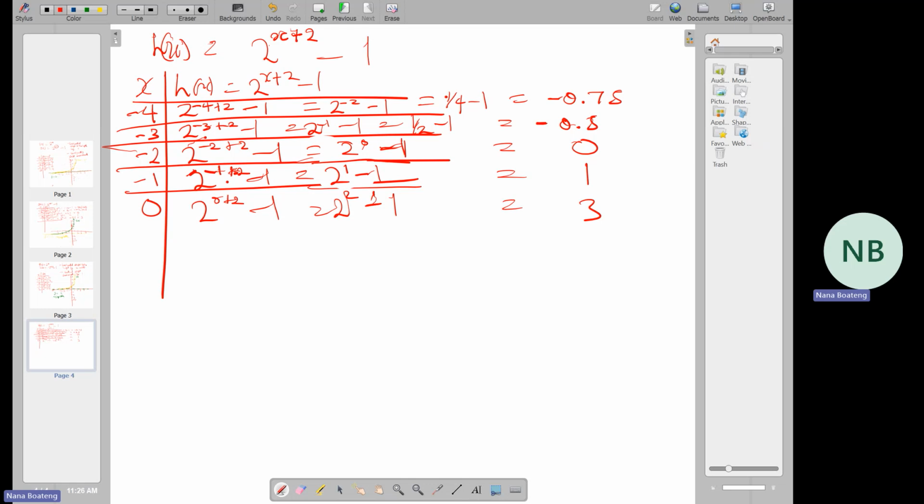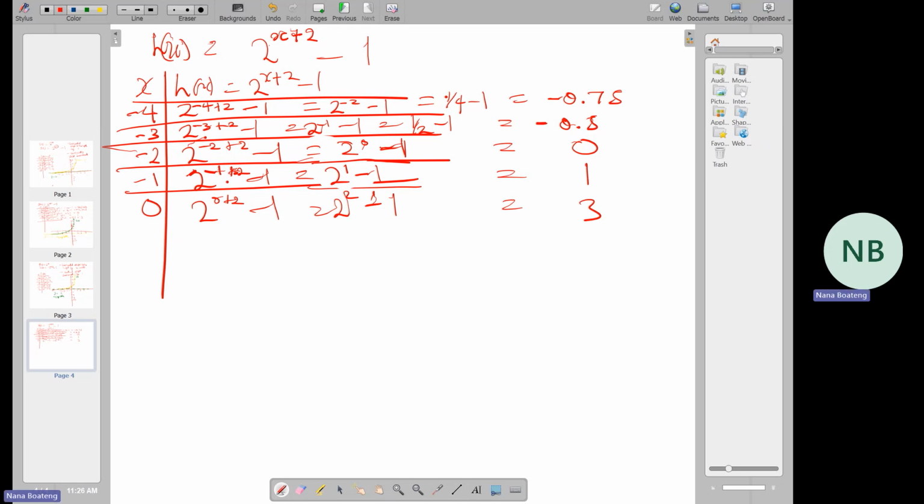All right, so the first pair of points is -4 and -0.75. So that is about here. We use green for these points. The next is -3 and -0.5, about here.